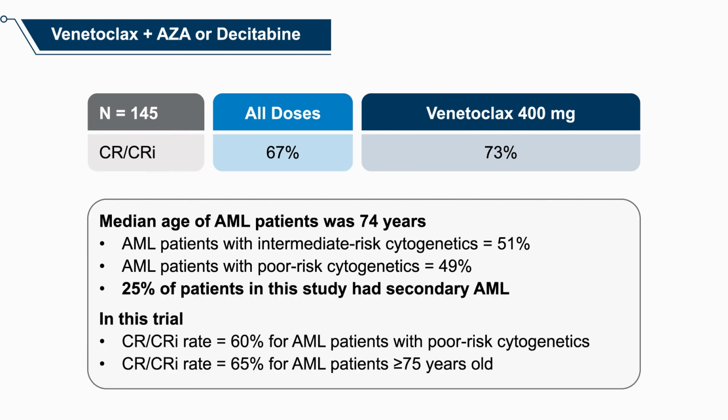And in this study, patients with poor-risk cytogenetics and those at least 75 years old had a composite remission rate, which includes complete remission and complete remission with incomplete recovery of counts, rate of 60 and 65% respectively.